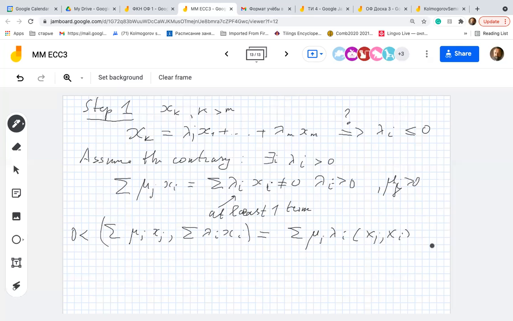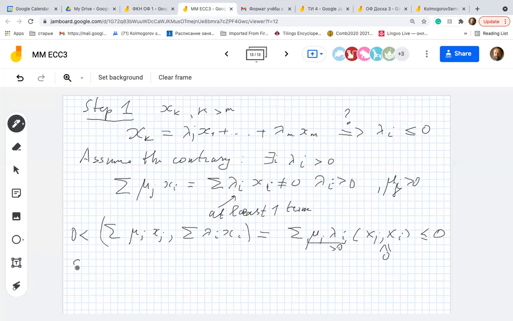And we see that in this expression, all the signs are the same because we know that xi times xj is non-positive, and this product is positive. So we obtain the sum of non-positive values, which is, of course, non-positive. And so we obtain a contradiction that 0 is larger than 0. And so in step one, we have shown that in such an expression of xk through this basis, all the coefficients must be non-positive.